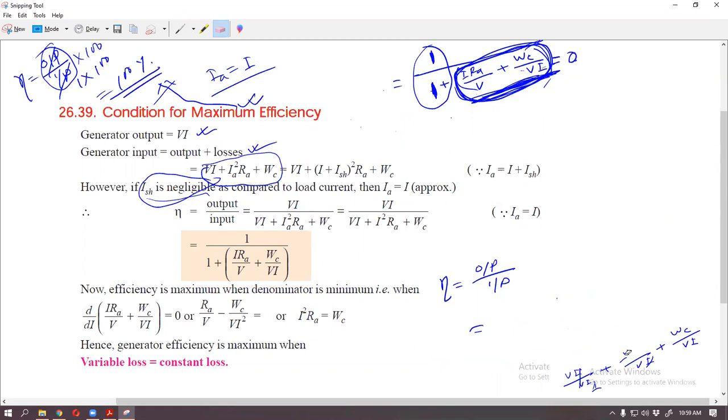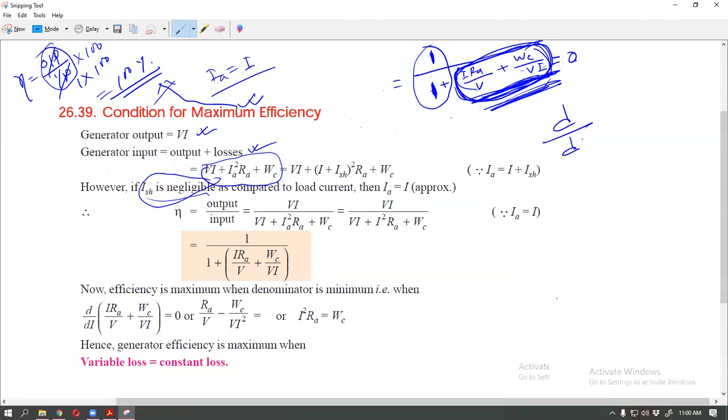Now we calculate the differentiation, the application of differentiation in this generation part. We differentiate only this part. This part is equal to 0. If this part is equal to 0, what is the condition? This is the differentiation, d by dI.